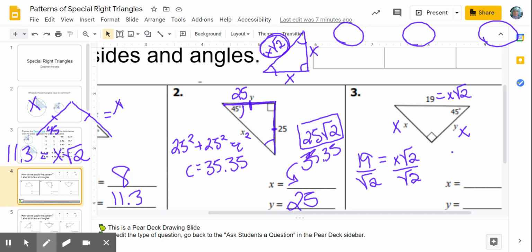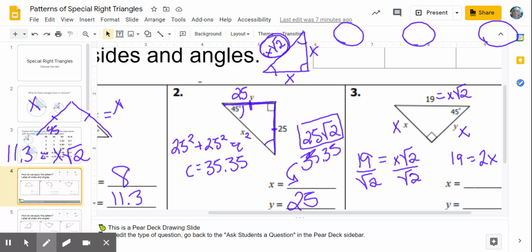This is exactly like solving 19 equals 2x, except I've got a square root of 2. So in your calculator, you want to do 19 divided by square root of 2. On my phone, I have to go back to the sideways landscape view. On an iPhone, I think you have to put the number and then tell it to square root it.